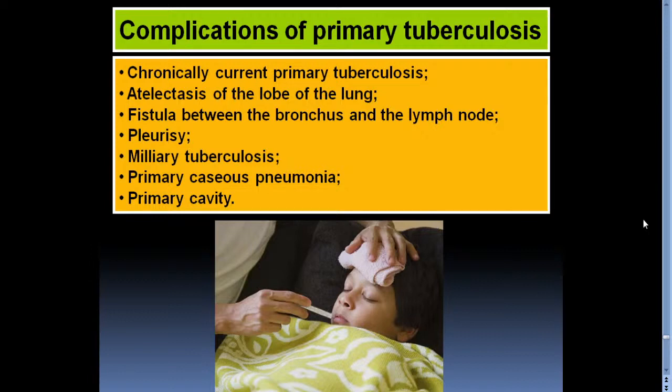Pleurisy can be a complication of primary TB. Miliary tuberculosis can form as a result of hematogenous dissemination. Primary caseous pneumonia, primary cavity can form, and primary tuberculoma can form also.